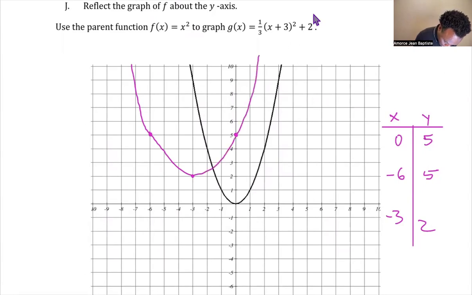Doesn't have to be perfect. That is g of x equals 1/3 (x plus 3) squared plus 2.